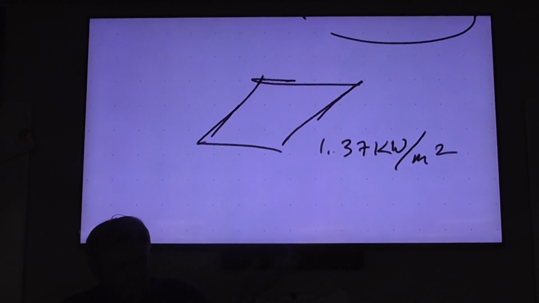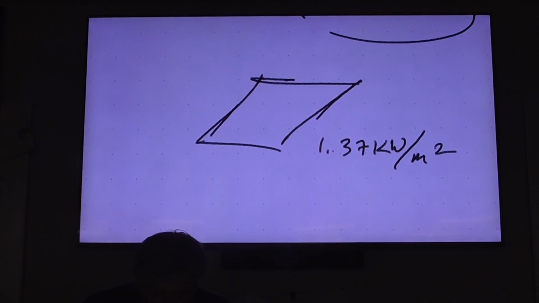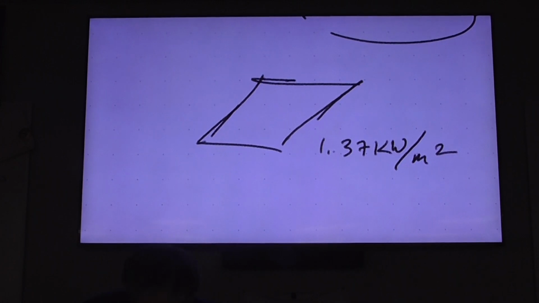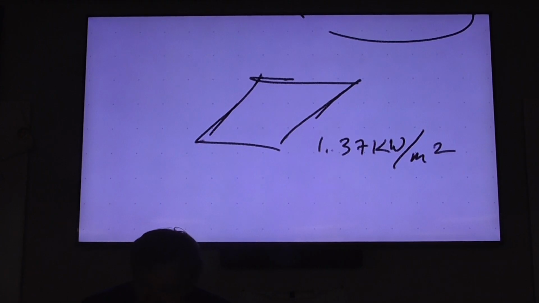That's what we got. So what you're going to try and figure out is how many photons that is. So your answer to 47, first off, is going to be a really big number.